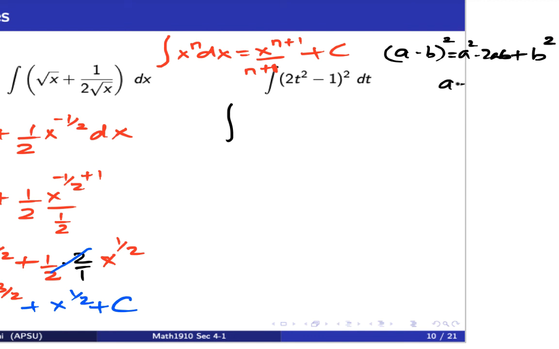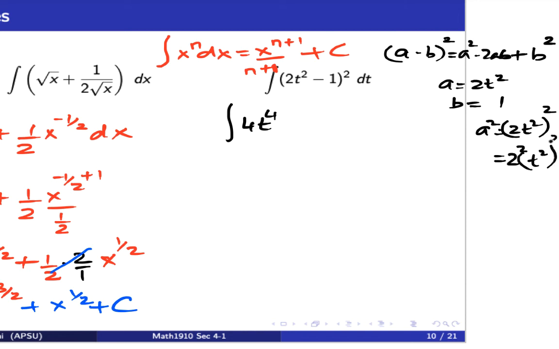Here my a is 2t squared and my b is 1. So when you square 2t squared, what do you get? Remember, a squared is (2t squared) the whole square. Applying the exponent rules, 2 squared times t to the 4, which is 4t to the 4. That's what I've written here.